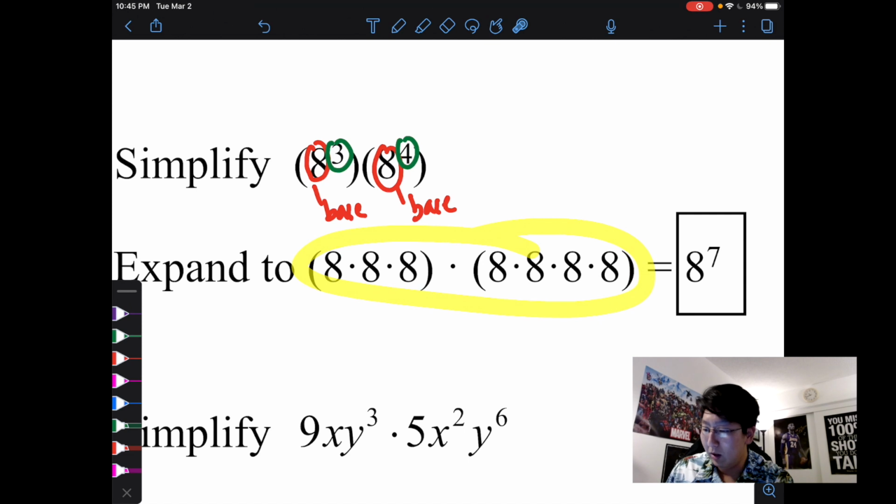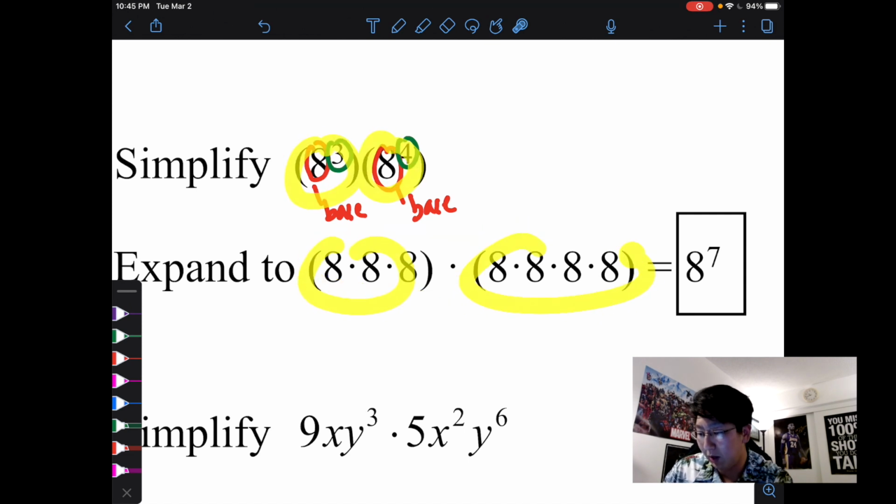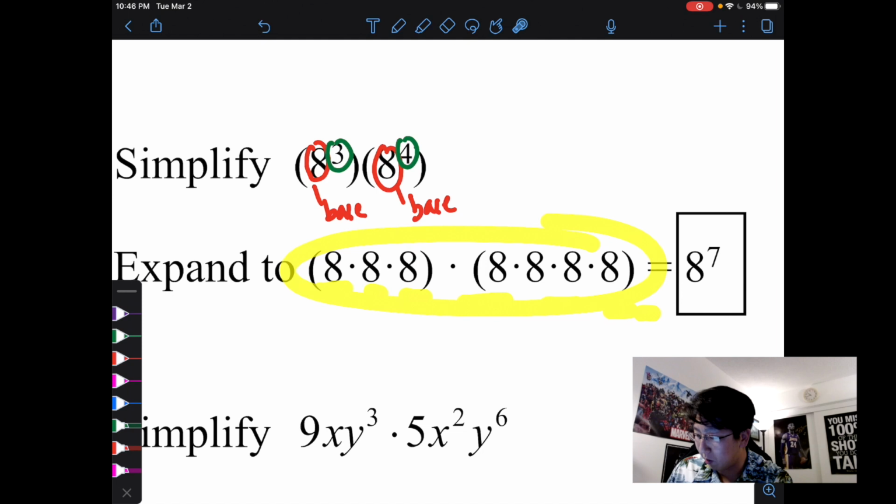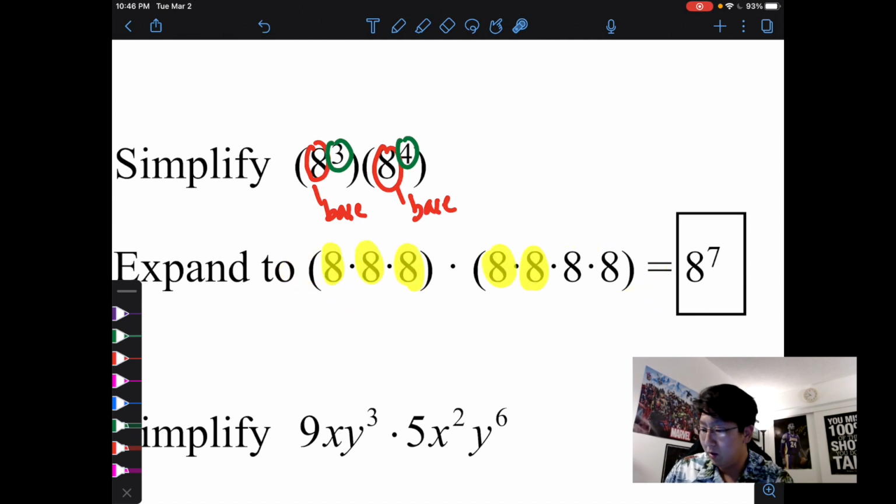Now if I look at this, this is one problem. These two are being multiplied, but notice that the repeated multiplication keeps going. So there's a total of 7 now. If you write this out, you plug it into a calculator, you're going to get the same answer. But this is a simplified version, an easier way to write this and this. So simplified, 8 to the 7th power.